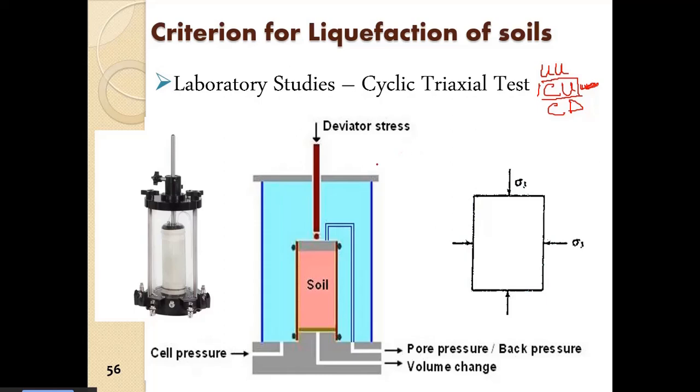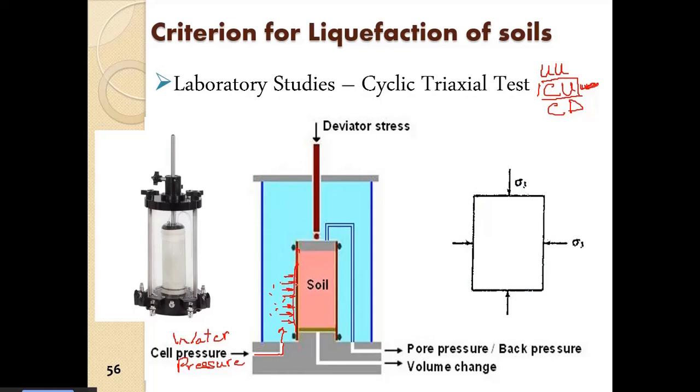So in the case of the triaxial test, we can apply the cell pressure. So we can build up the water pressure here, and that water pressure is transmitted to each and every point in the water, and whatever pressure is developed in the cell, it transmits to the soil through the rubber membrane.